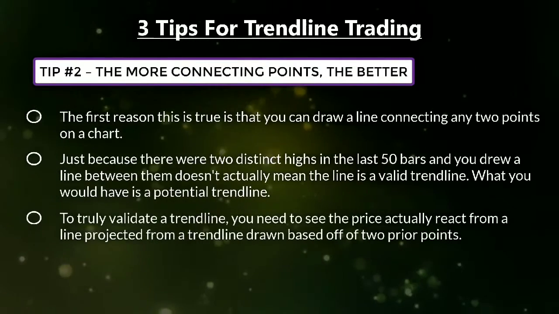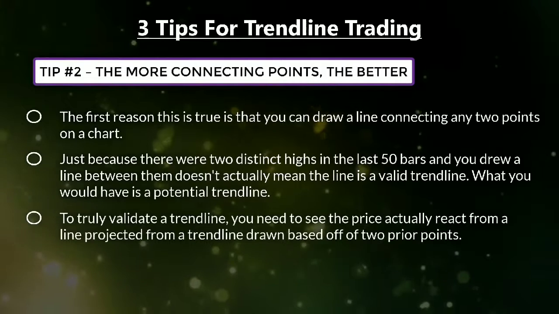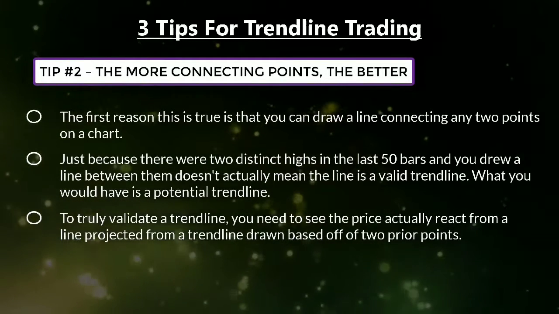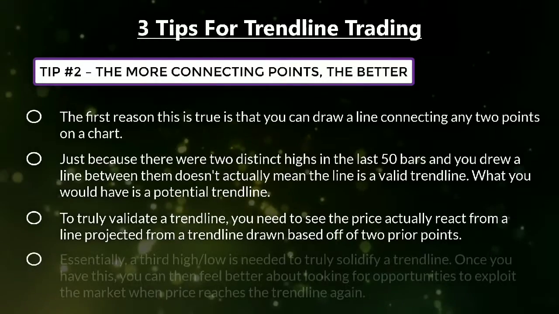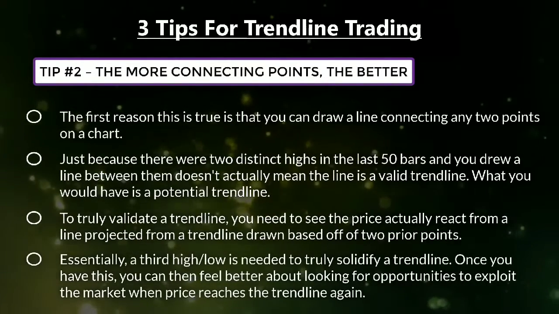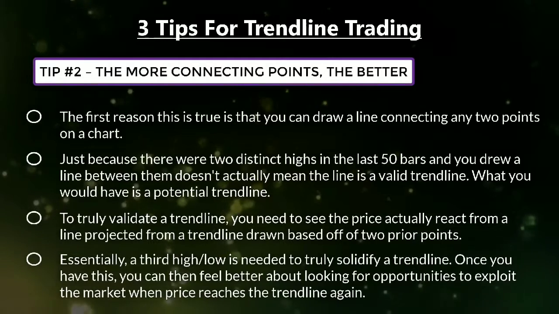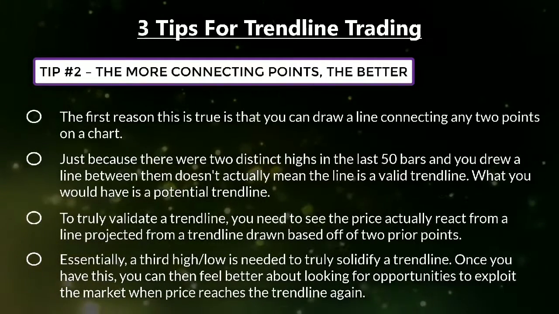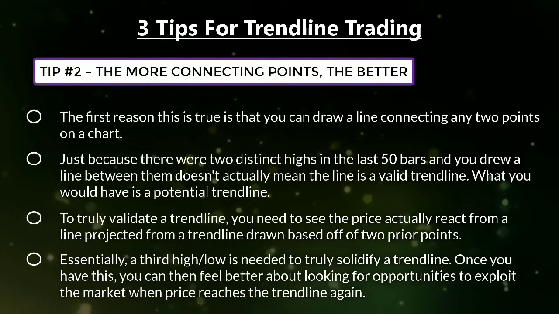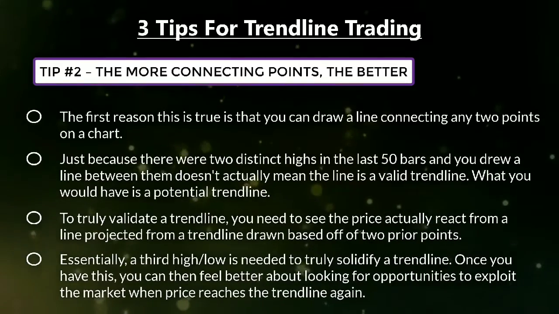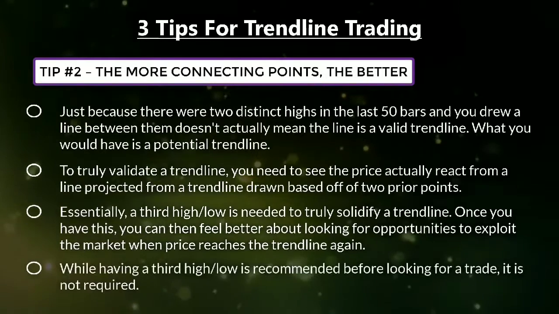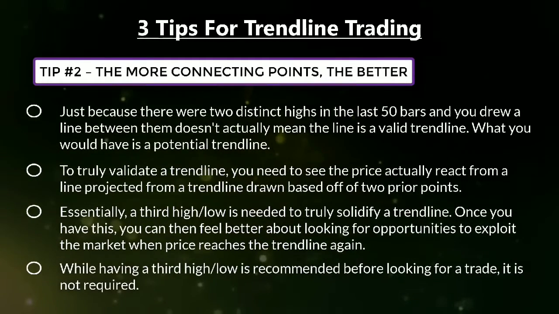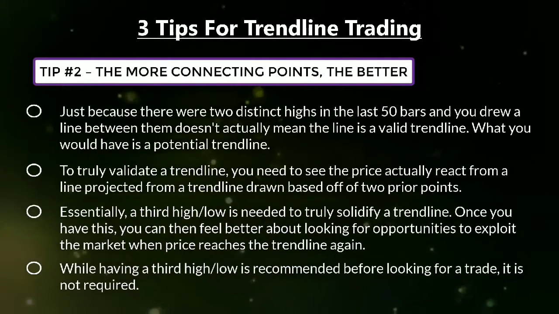To truly validate a trend line, you need to see the price actually react from a line projected from a trend line drawn based off of 2 prior points. Essentially, a third high or low is needed to truly solidify a trend line. Once you have this, you can then feel better about looking for opportunities to exploit the market when price reaches the trend line again. While having a third high or low is recommended before looking for a trade, it is not required.